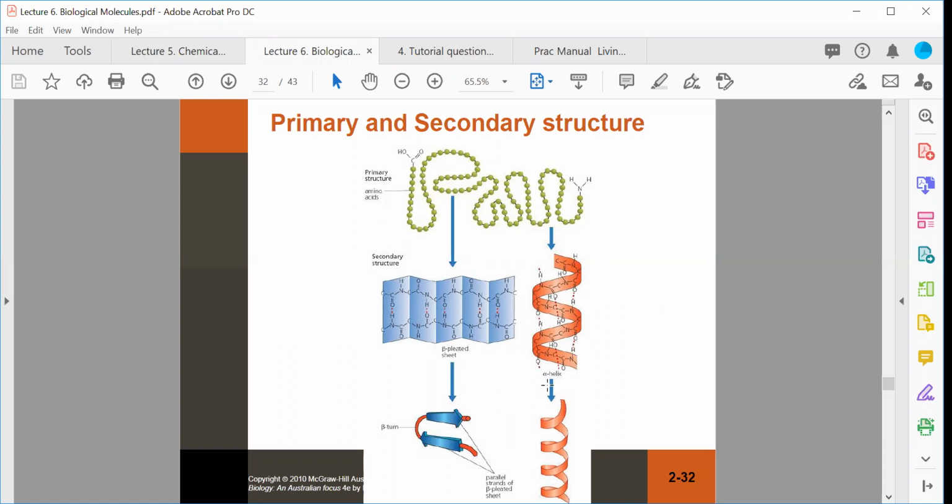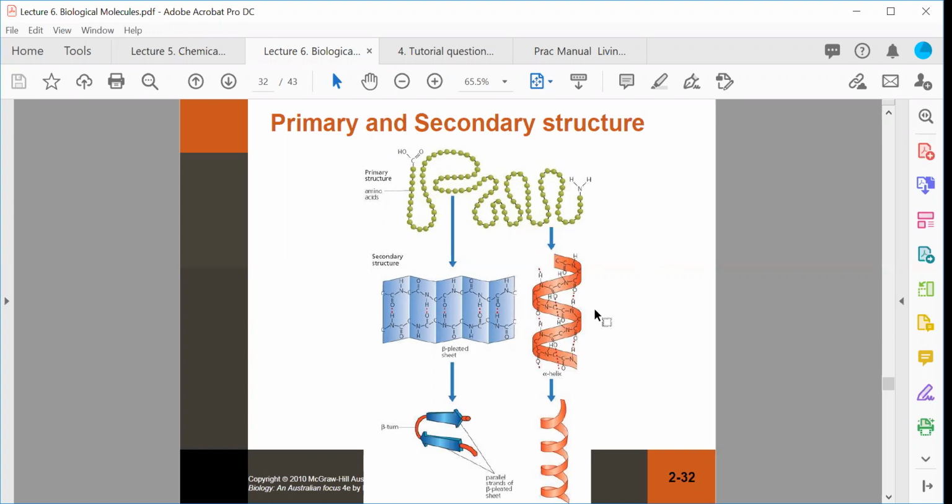The second one is the alpha helix, and this is pretty straightforward to visualize. We can see a chain of amino acids that have formed this alpha helical structure, and this is what it looks like in one of these illustrations. Not so clear in this primary structure here. All right, so secondary structure, think beta sheet or beta pleated sheet and alpha helix.